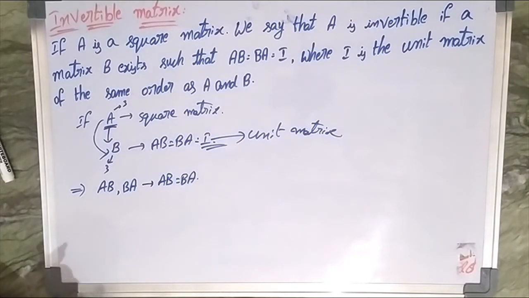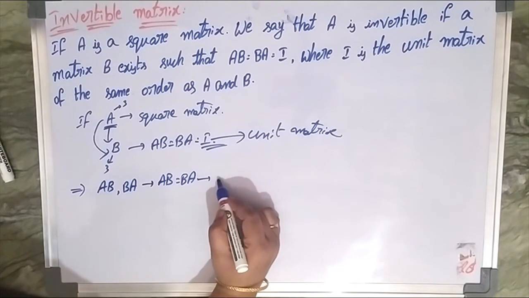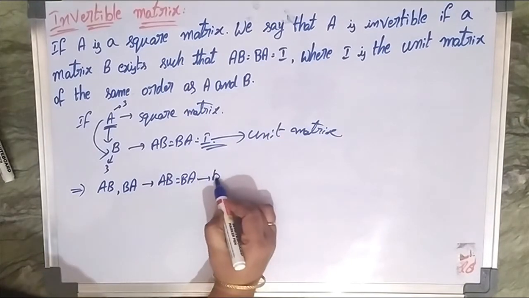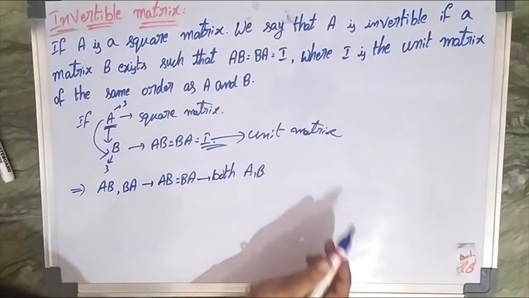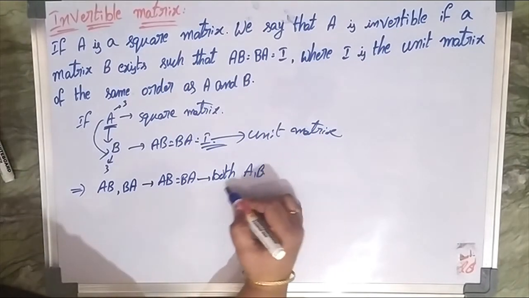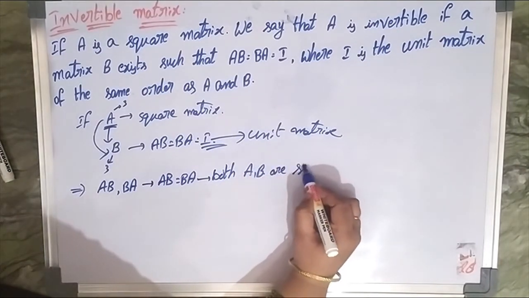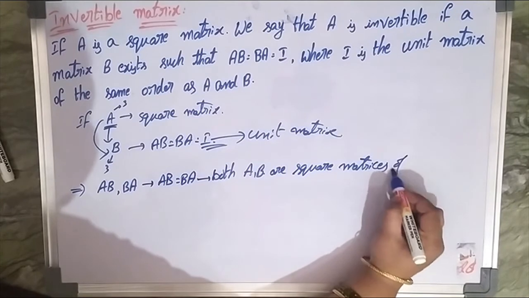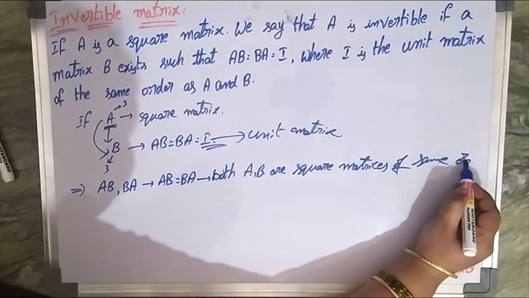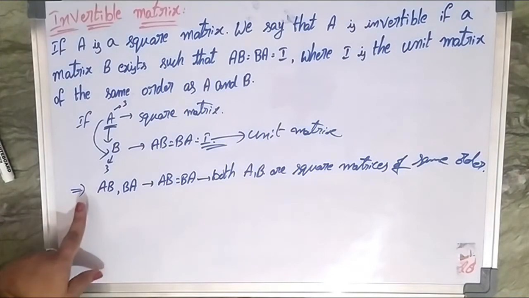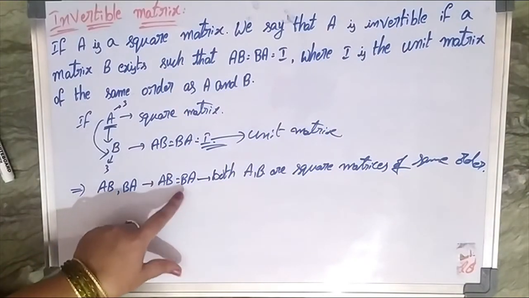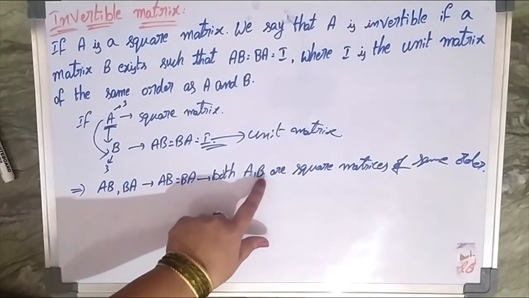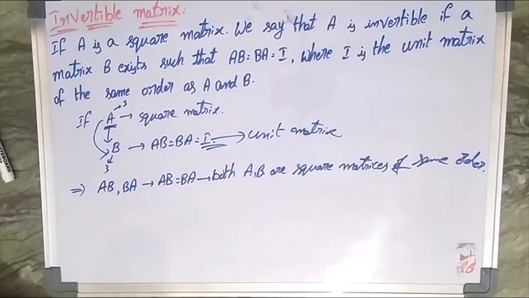Then it is necessary that both A and B are square matrices of the same order. If AB and BA exist and also AB equal to BA, then the necessary condition is that both A and B are square matrices of the same order.